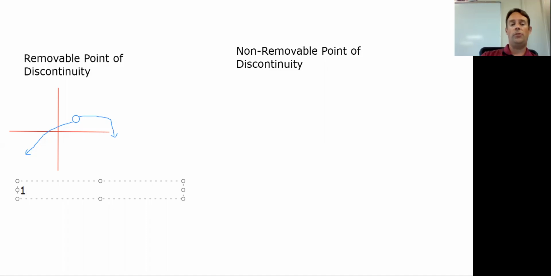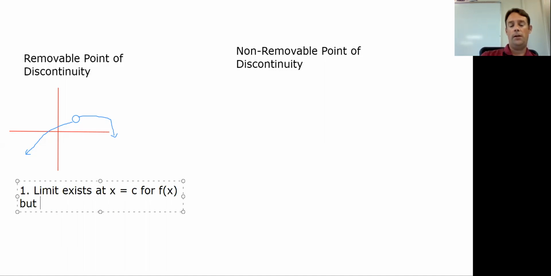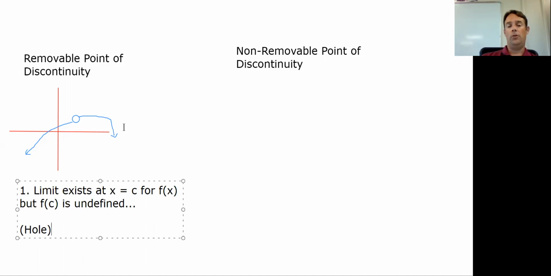So a removable point of discontinuity exists when the limit exists, but f of c is undefined. And we said that is a hole. Now, we don't call it a hole anymore. We say that is a removable point of discontinuity.